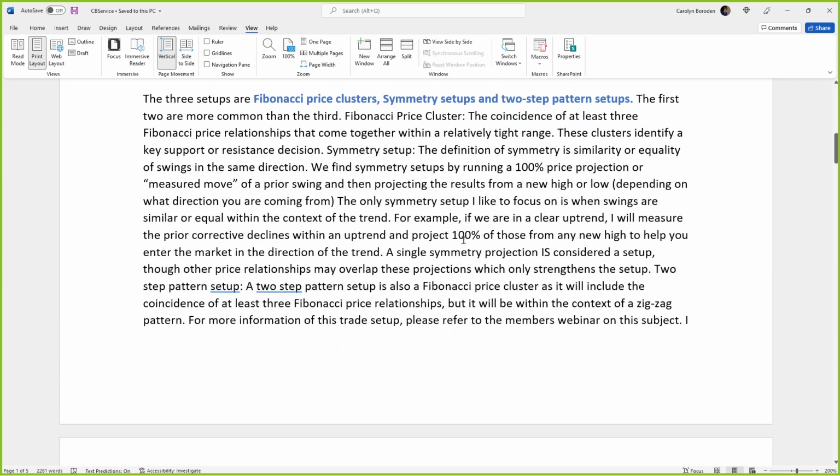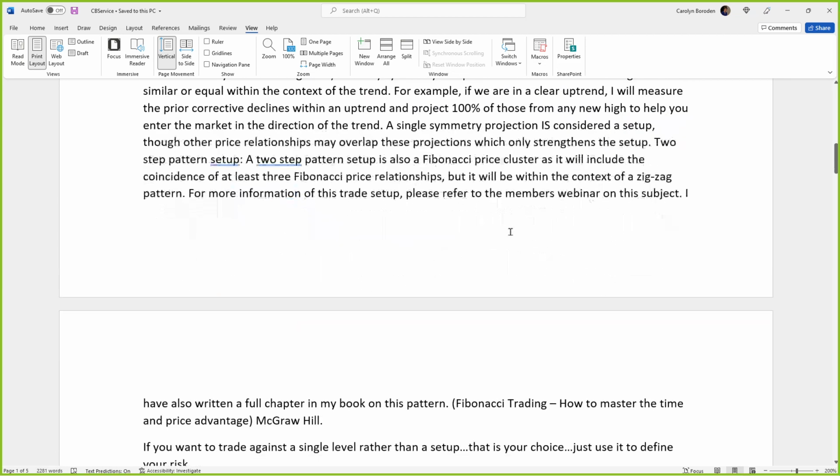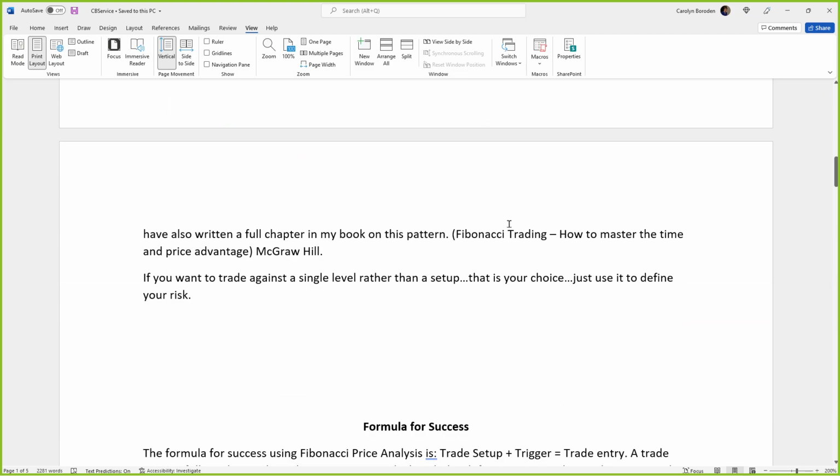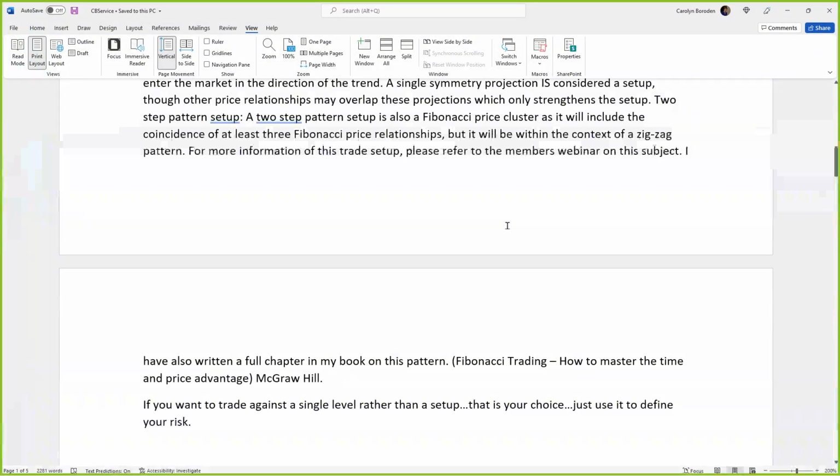All right, now let's see what else besides the setups. A lot of people will ask me if a single level is okay to trade against. Well, it's not going to be an official setup, which is a higher probability setup, but there are definitely times like today where we had a major 1272 extension in the Nasdaq, and that's pretty much where we made the low today.